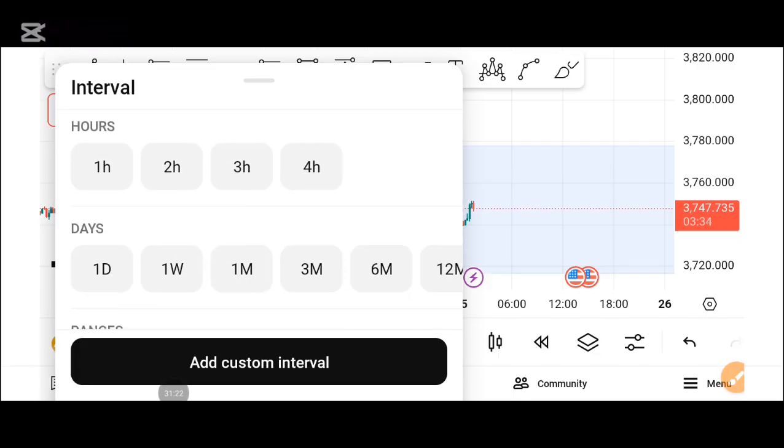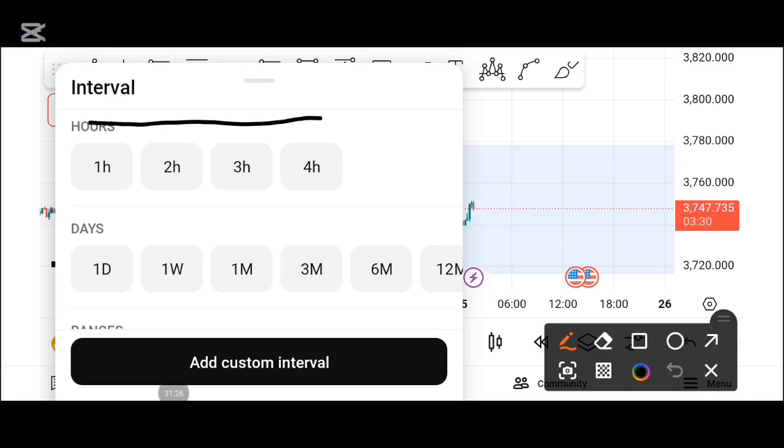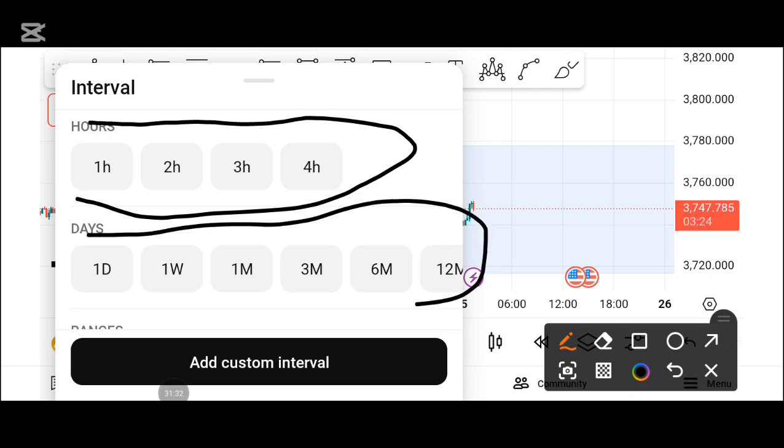If you go down to the next row, these are higher time frames, which is the 1 hour, 2 hour, 3 hour, 4 hour. The 1 day also is a higher time frame, meaning it takes 1 day for one candle to be produced. So these are kind of swing traders.